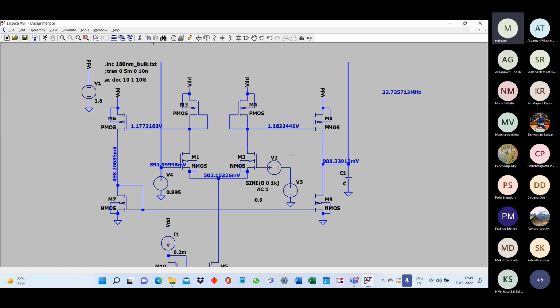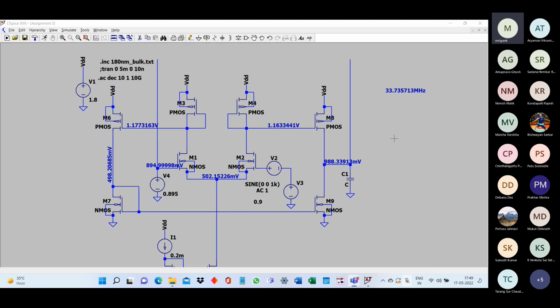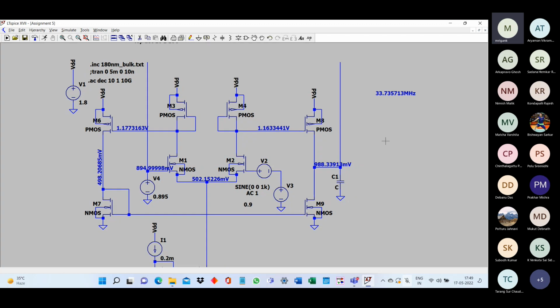Here, the impedance at the first stage output is very low. If you use Miller multiplication over there, that will not give you a dominant pole because the impedance there is low. Miller multiplication is used when you have high impedance at the first stage output also. That will be applicable when you have a current source load at the first stage. Right now, this impedance will be pretty low because it is diode connected.